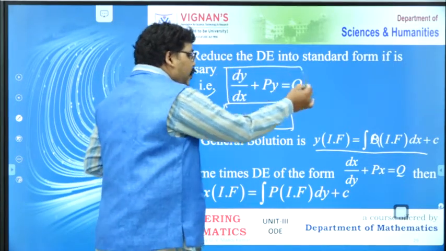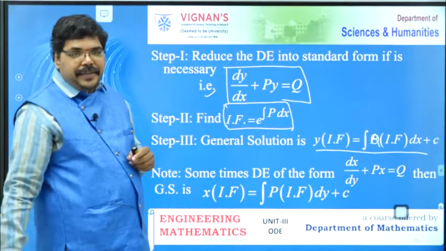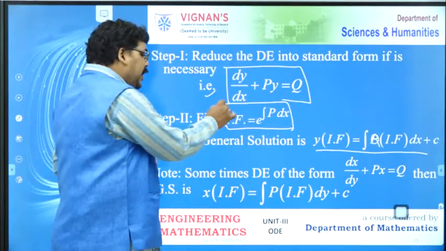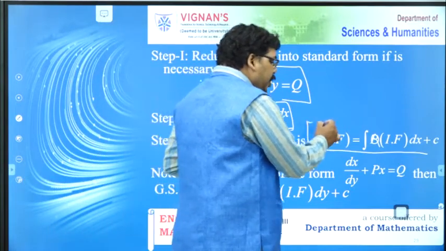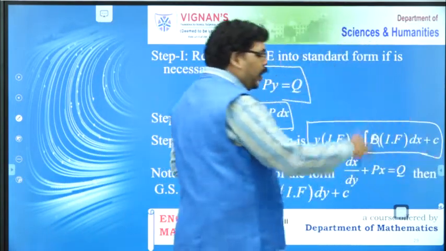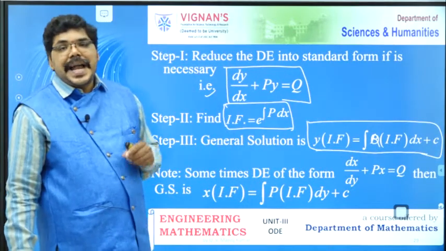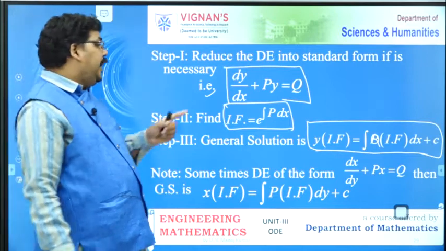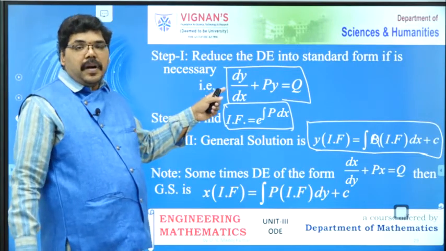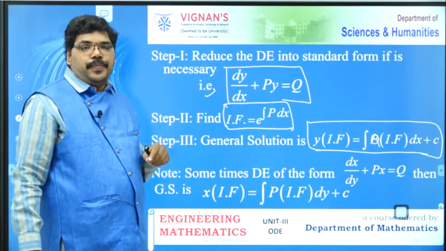What is the standard form of linear differential equation? What is integrating factor? What is the general solution? You should remember all the three. So the standard form of the first order linear differential equation is dy by dx plus p y equals q.